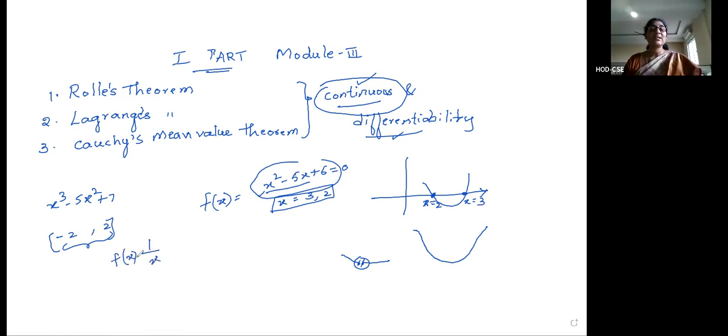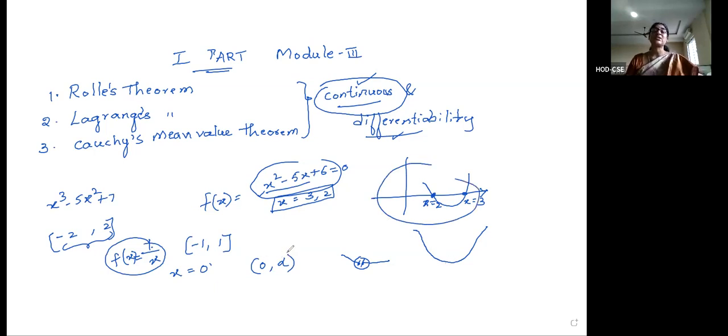If I take the interval -1 to 1, at x equal to 0, this function is discontinuous because it goes to infinity. When you plot a curve, you can't plot a point at infinity on the graph. So at that point the curve shows the discontinuity. That is a geometrical understanding of the continuity of the curve.